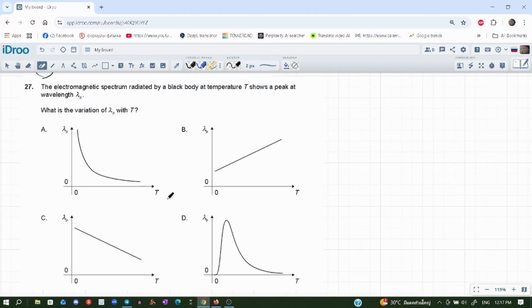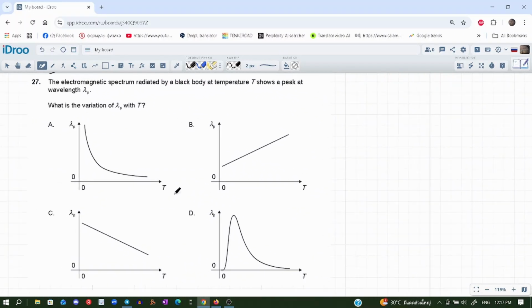Number 27. The electromagnetic spectrum radiated by a black body at temperature T shows a peak at wavelength lambda peak. What is the variation of lambda peak with T? To choose the correct graph, you need to know the most important equation here. And this equation is about Wien's law.